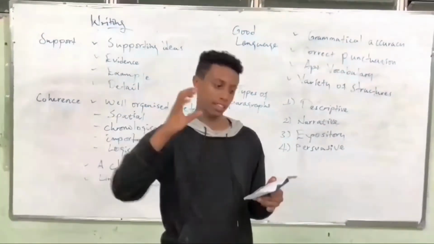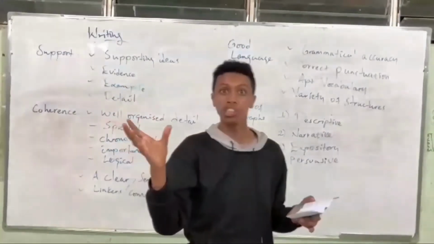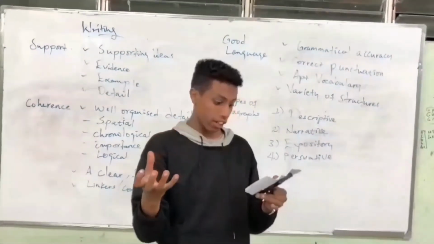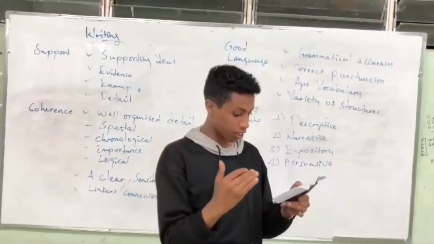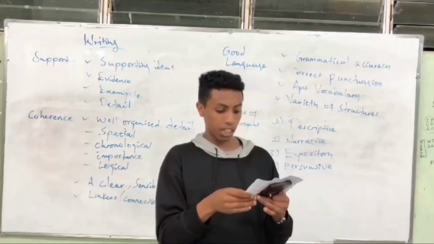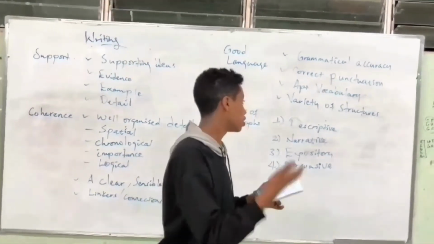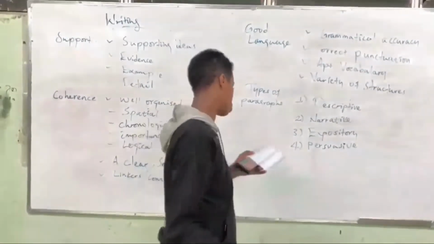It's not like the descriptive. It's not about creating an image. It's about creating knowledge. Examples are scientific reports, academic essays, and magazine articles. These may be some examples of expository paragraphs.